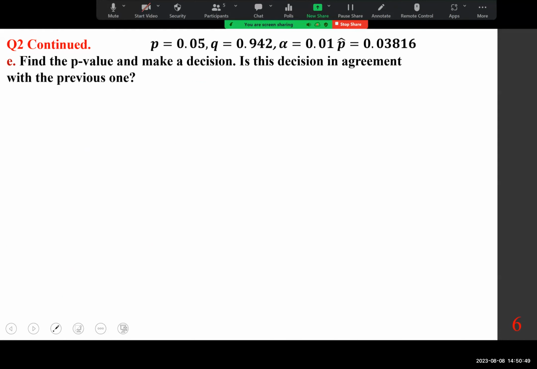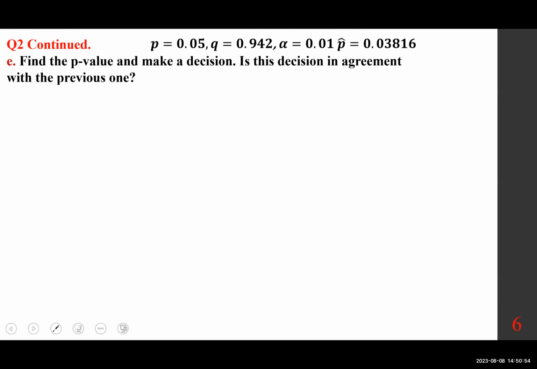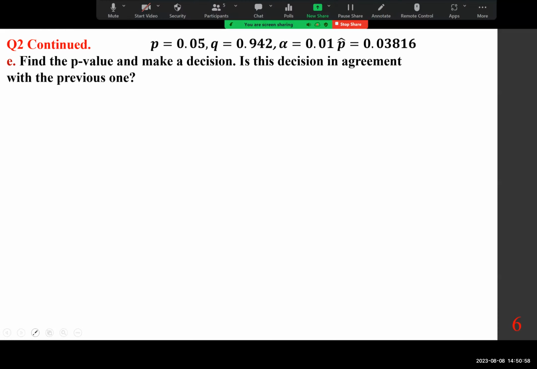So for this question, again, this was 0.058. We remember it was a left tail test.